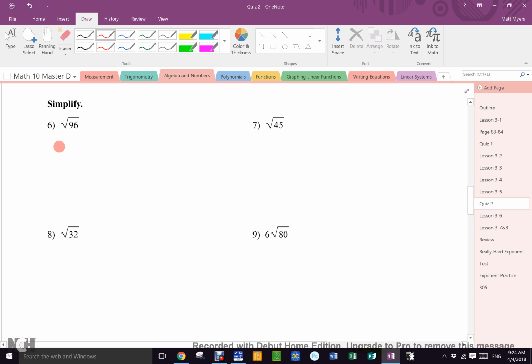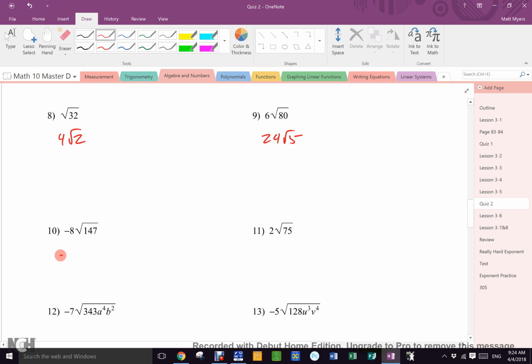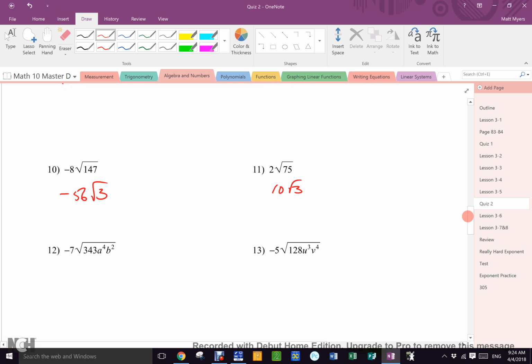Michael, go. 4 root 6. 7. 3 root 5. 4 root 2. 24 root 5. Negative 56 root 3. 10 root 3. Now, tricky.